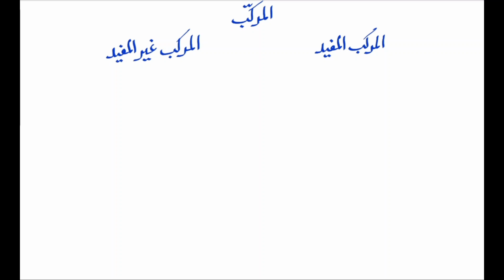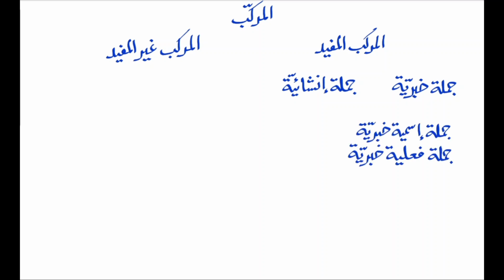Next, we looked at al-murakkabul mufid, and we saw that al-murakkabul mufid, also known as jumlah mufida, had two types, jumlah khabariyah and jumlah insha'iyah. Next, we looked at jumlah khabariyah and we saw that it had two types, jumlah ismiyah khabariyah and jumlah fi'liyah khabariyah.